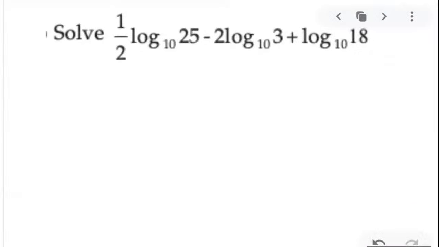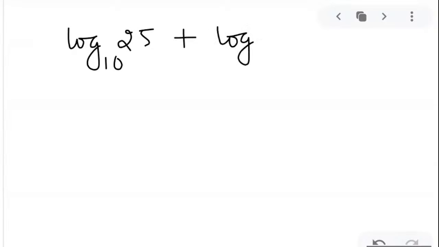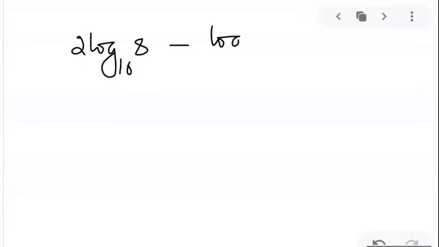So using the three formulas that you know till now, let's try to solve this problem. Can you solve this for me quickly?